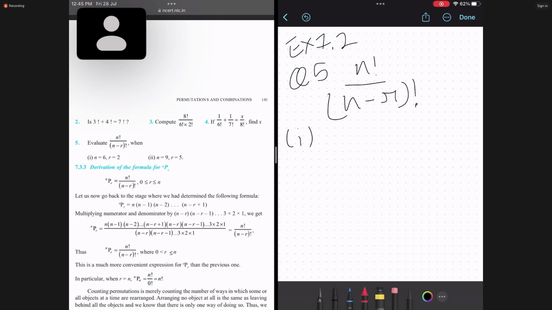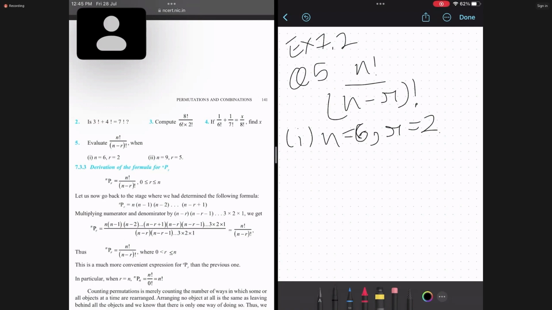The first part says that n equal to 6, r equal to 2. Correct. This is the first part of the question, and this is also fairly straightforward for you to solve. This just involves calculation on your part, but I am going to solve it for you regardless.